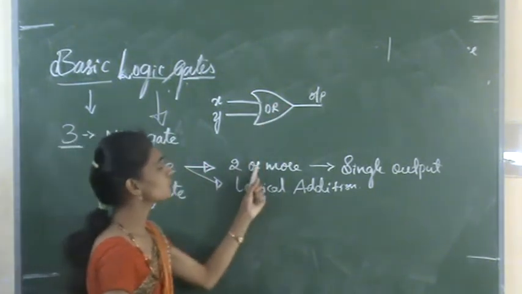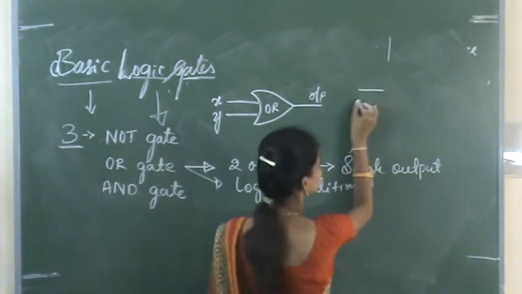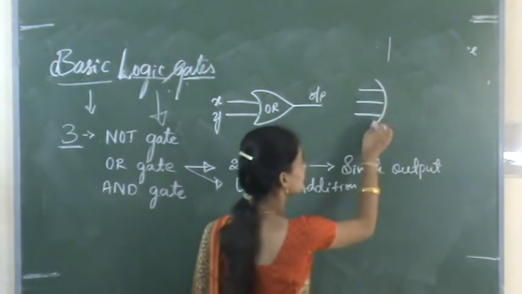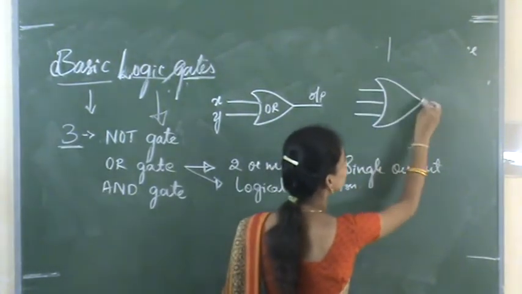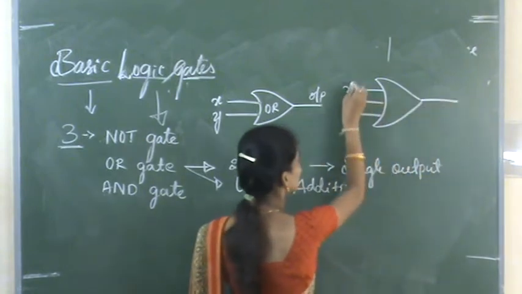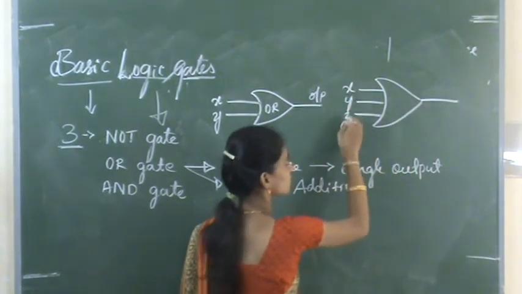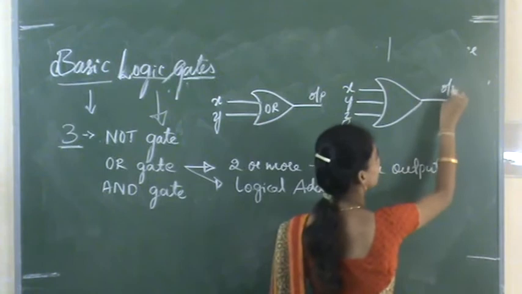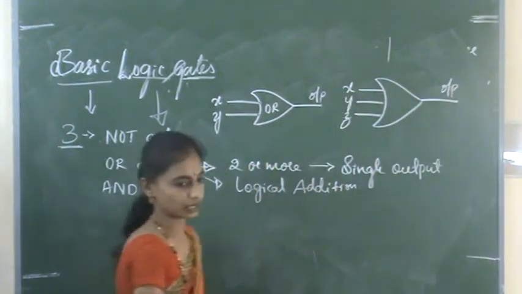If we have 3 inputs, we have to provide 3 inputs, X, Y, Z, and it will produce only a single output. The output will be 1 if any one of these 3 is 1.